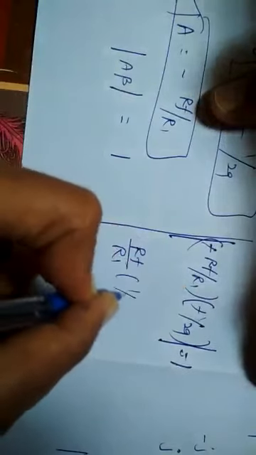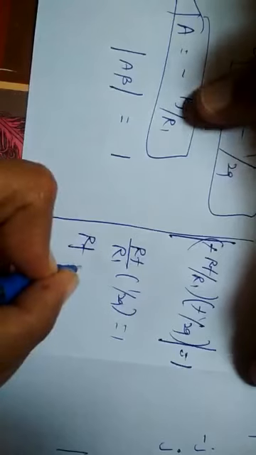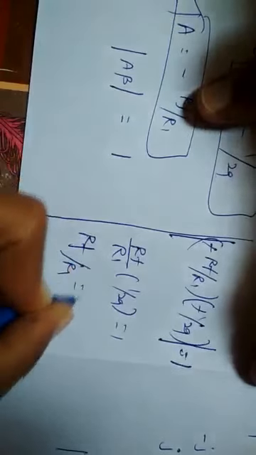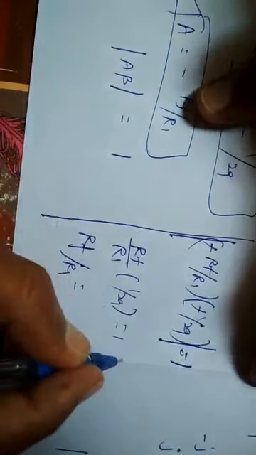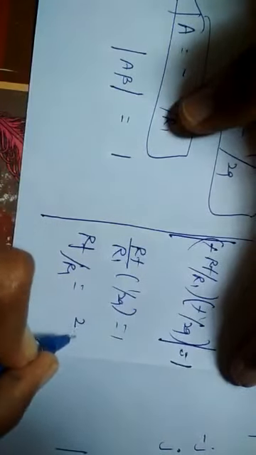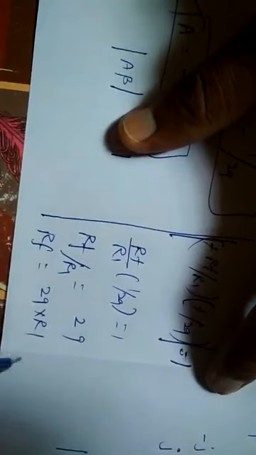So RF by R1 into 1 by 29 equals 1. So RF by R1 equals 29. If you move it to the right hand side, RF equals finally 29 into R1. So RF equals 29 R1.